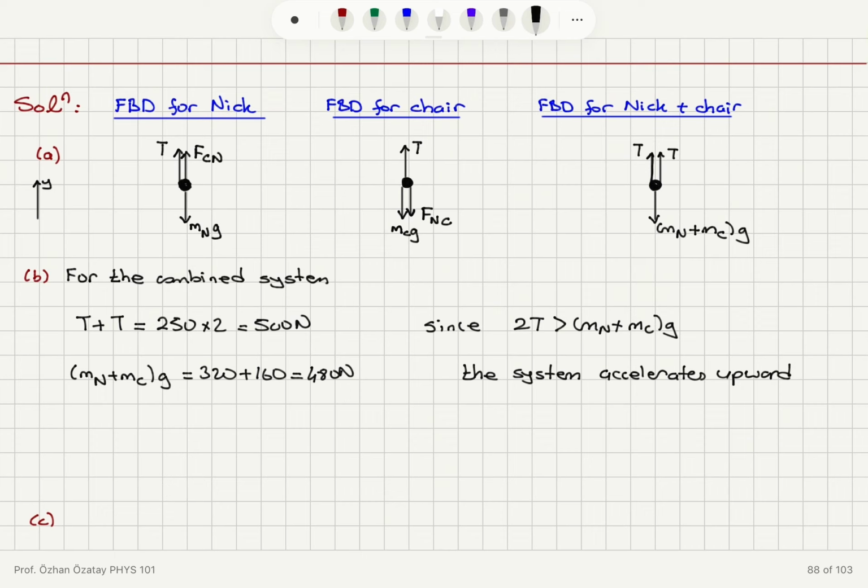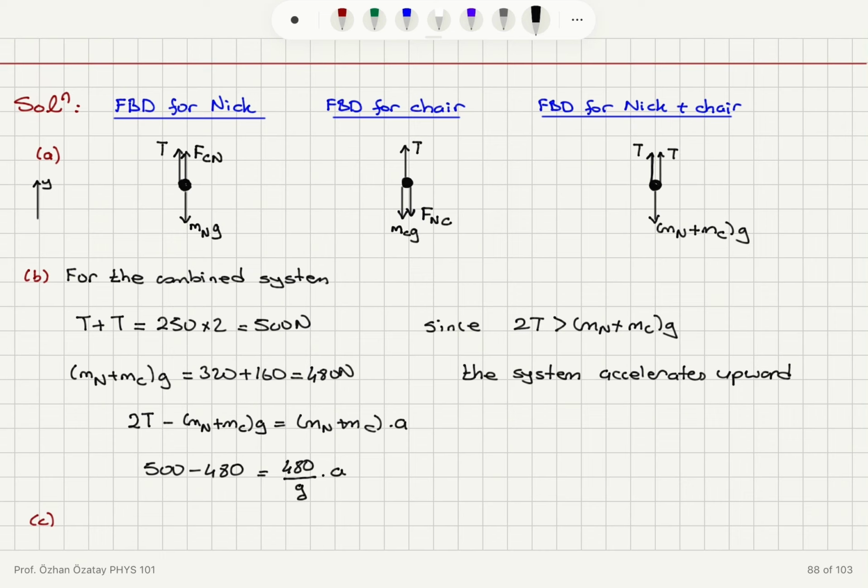Now, what is this acceleration? From the third free body diagram, the net force acting on y is 2T up, and the total weight down, which is the total mass times the acceleration a. So 500 newtons minus 480 newtons is equal to the total mass times the acceleration a, where the total weight is 480 newtons, so the total mass is 480 newtons divided by gravitational acceleration g.